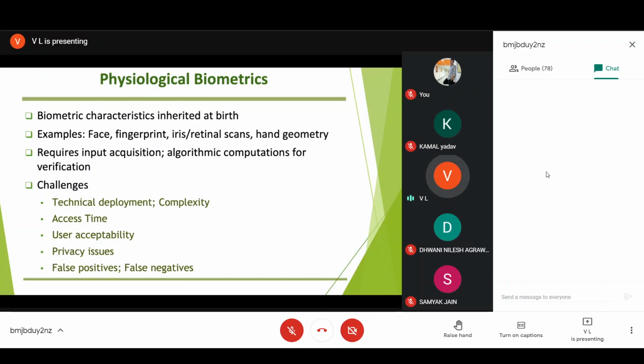You do not want any unauthorized person to be recognized as a genuine user and gain access to the facilities. Similarly, a false negative can be annoying, and it can result in the loss of credibility of the authentication system. So implementing biometrics as a mechanism may not be a good idea at all places.